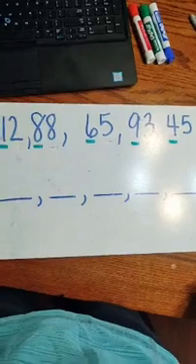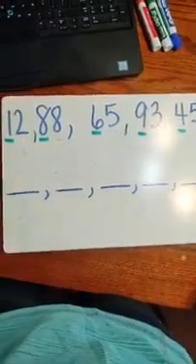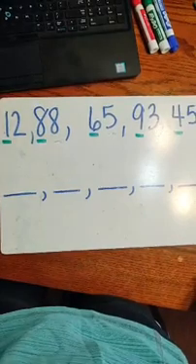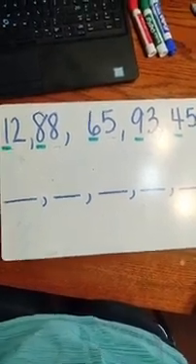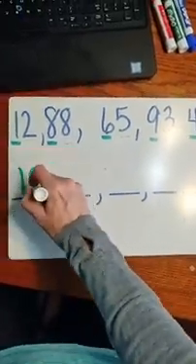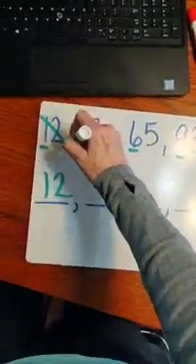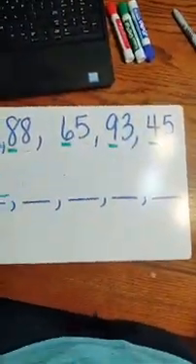I need to pick out the smallest number, the one that would come first if I was counting. I see that 12 is my smallest because it has a 1 in the tens place.